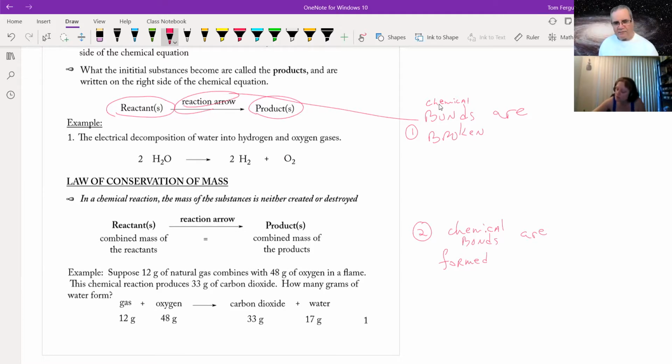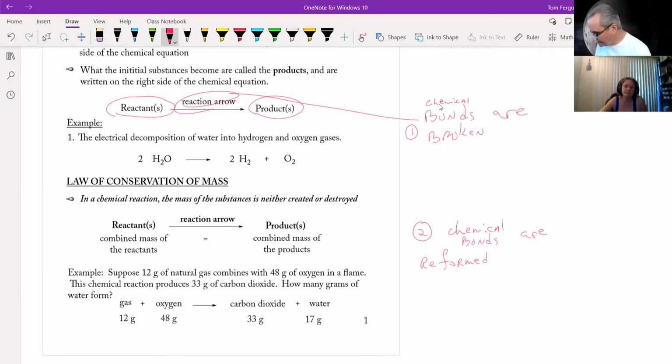And then chemical bonds are reformed. Okay, so bonds are broken, bonds are reformed.